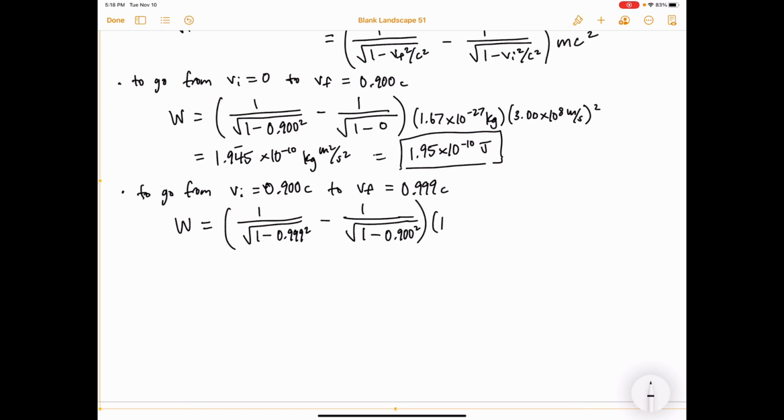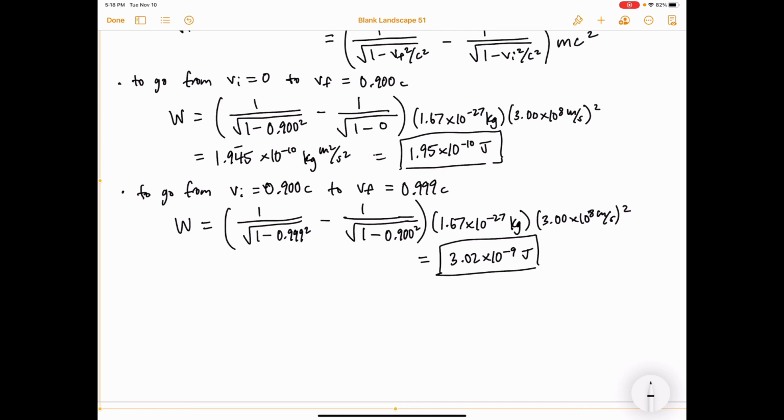Okay, and then we multiply by the mass of the proton, 1.67 times 10 to the minus 27 kilograms, times 3.00 times 10 to the 8 meters per second squared, that's c squared. Now that works out to 3.02 times 10 to the minus 9 joules.